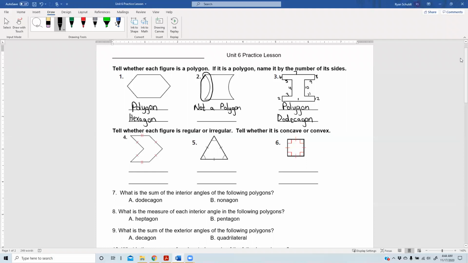So if we look at number 4, I see 2 different types of tick marks. That tells me those are not the same. So as far as regular or irregular, I can stop right there and say irregular. And then it looks like it's pushed in right here. It's caved in. So this is concave.